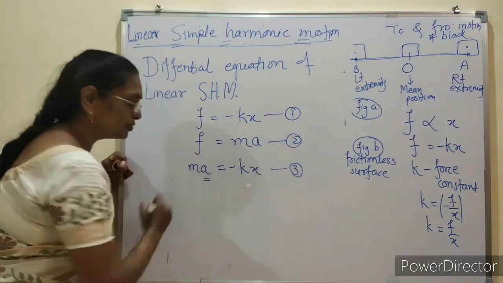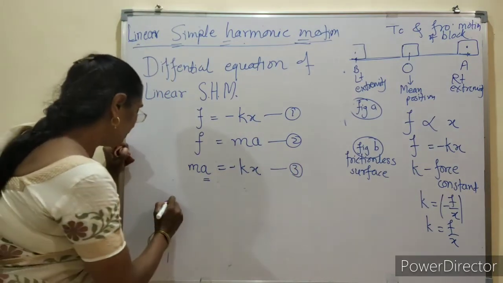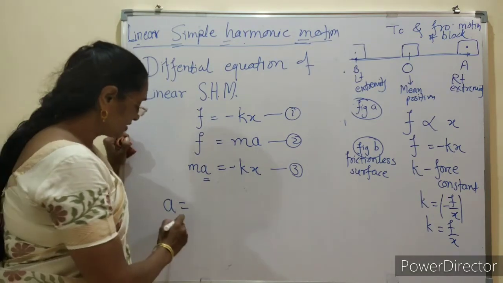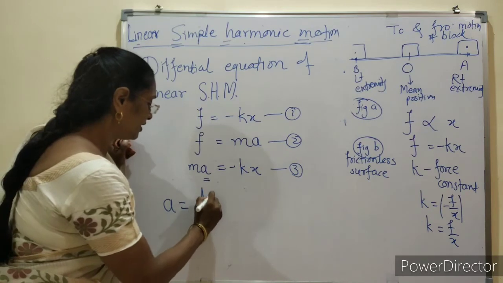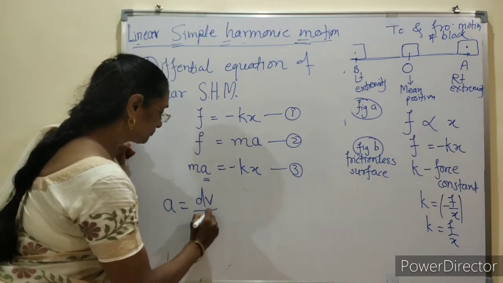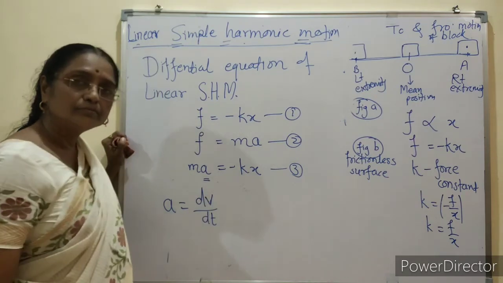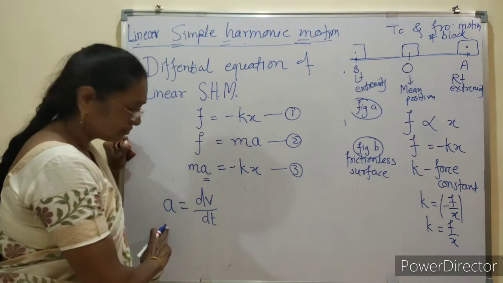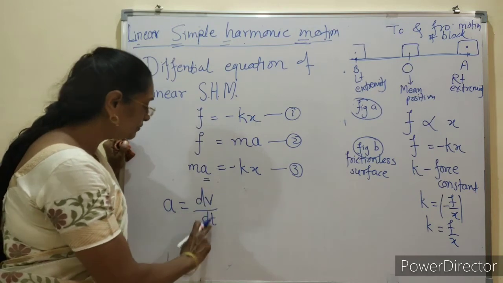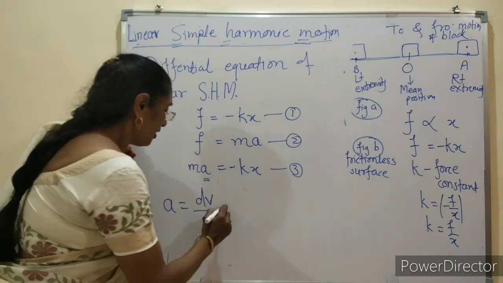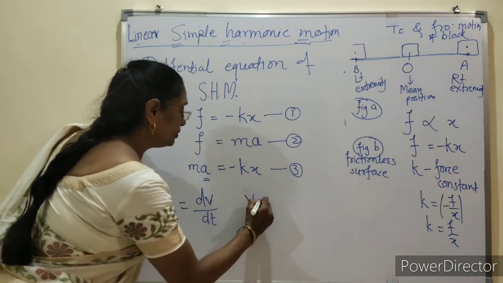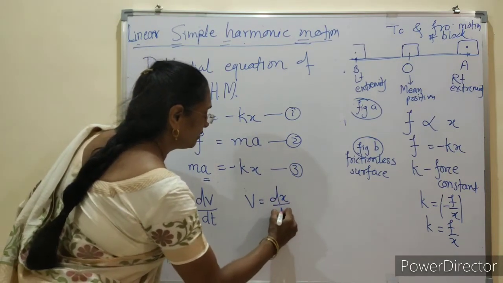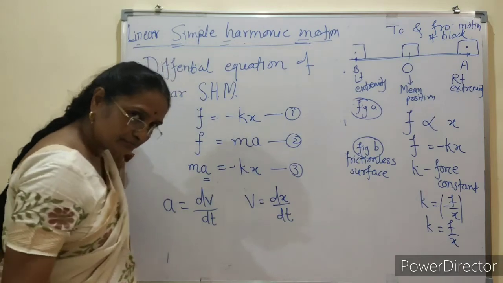Now we have to substitute for a. We know the definition of acceleration. Acceleration can be defined as rate of change of velocity. In terms of derivative it is a is equal to dv by dt, and also we know velocity v is the rate of change of displacement, meaning dx by dt.